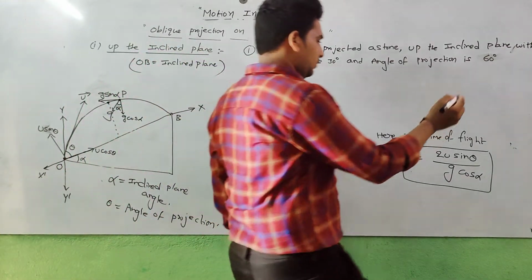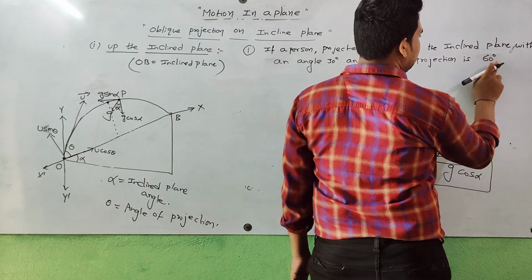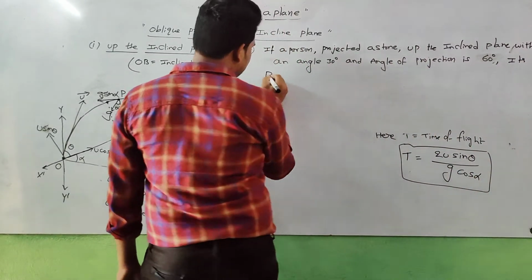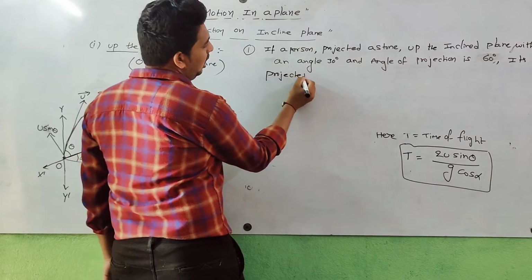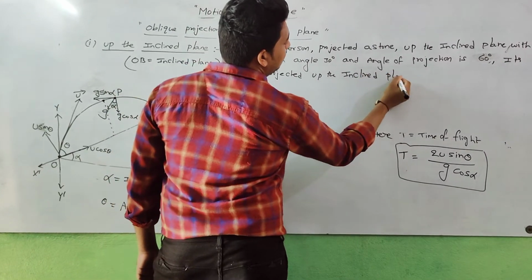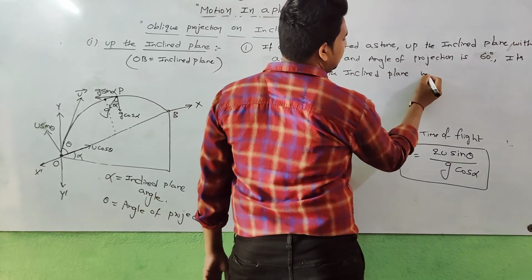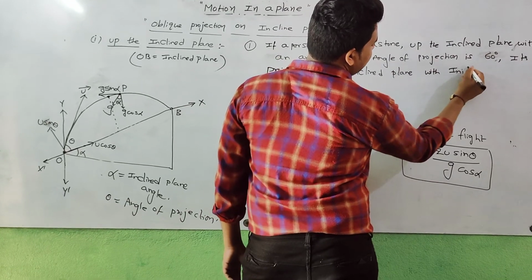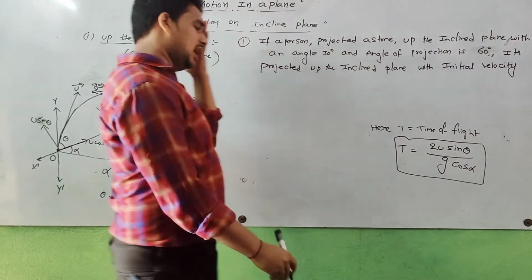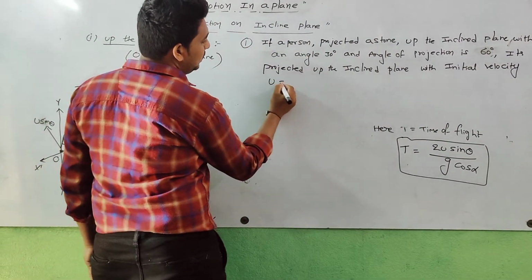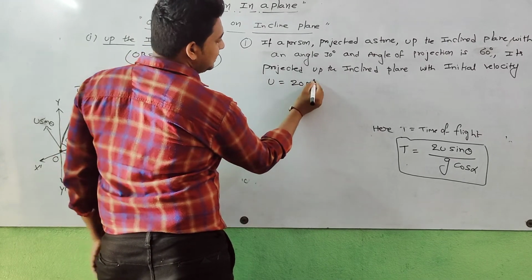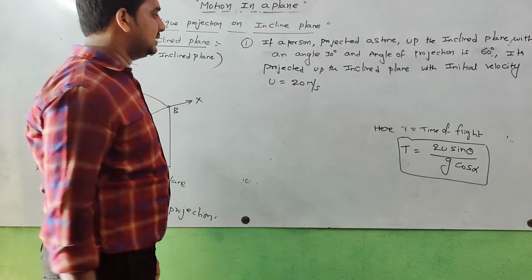It is projected up the inclined plane with initial velocity u equal to 20 meters per second.